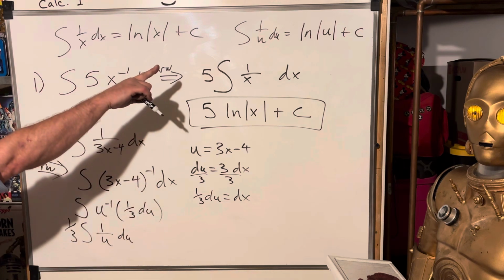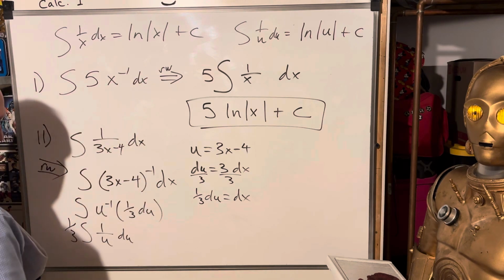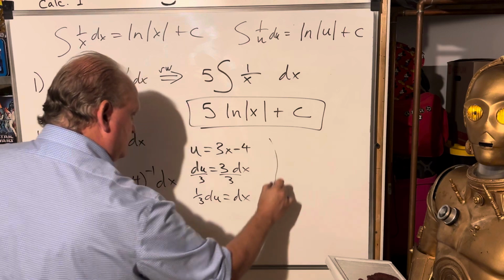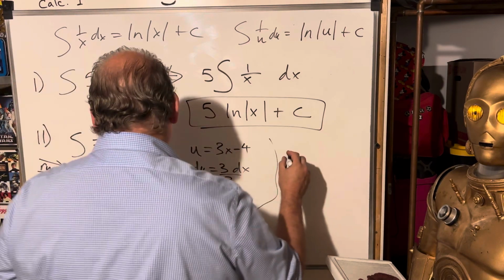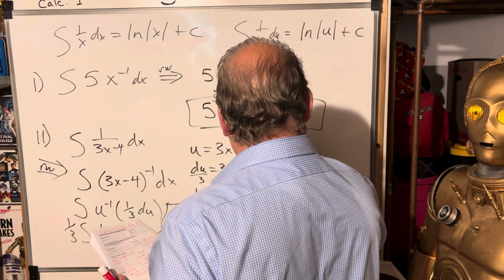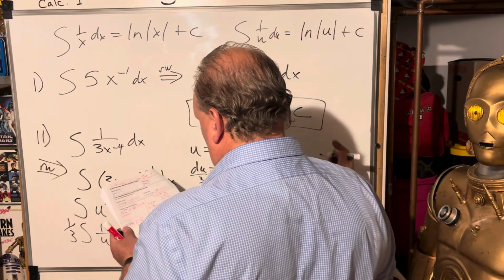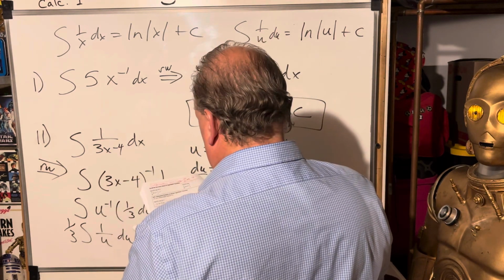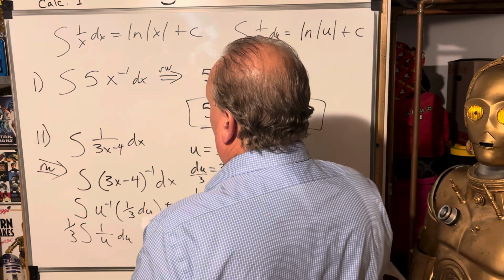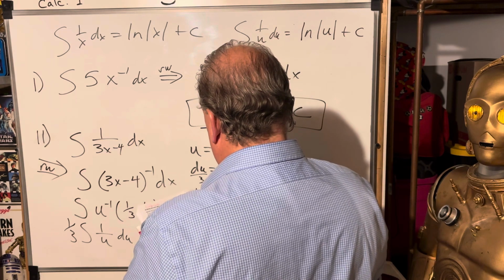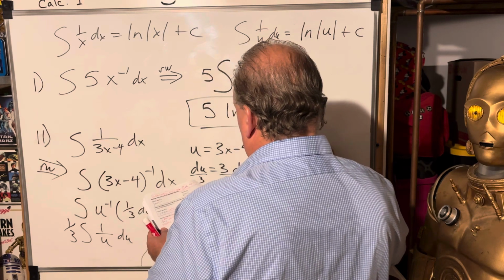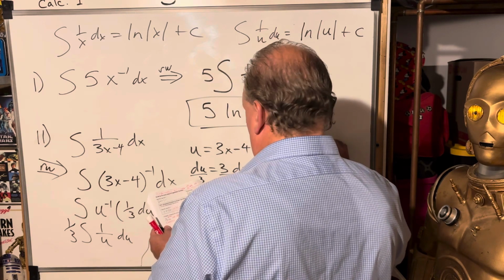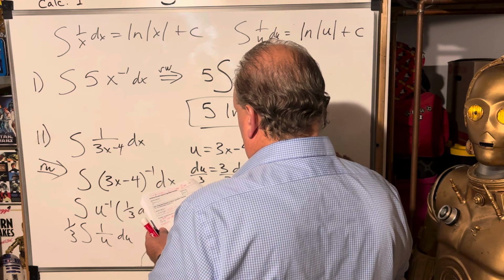And now we get to do that again. So here, what do we have? 1/3 ln, where am I? On number 2. Ln the absolute value of u, and then plus c.